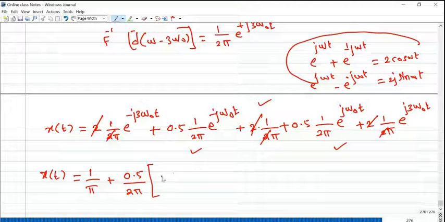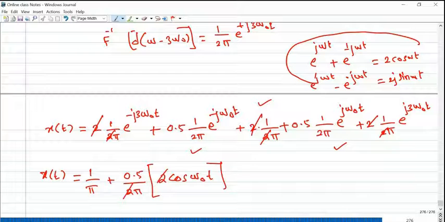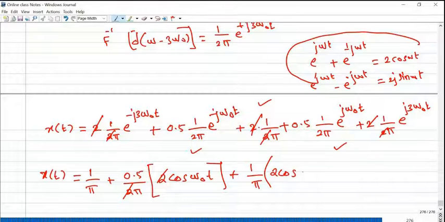Now if we combine together, 2 cos omega naught t, these two will be cancelled. Next, 1 divided by pi is common, e power j3 plus e power minus j3, so 2 cos 3 omega naught t.